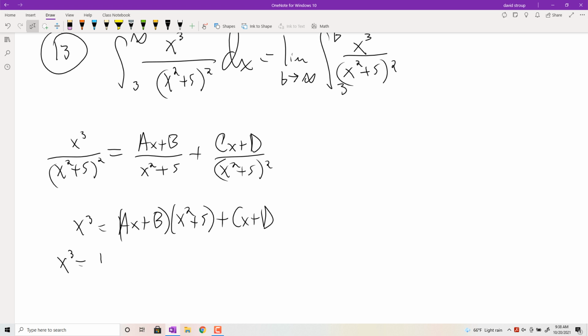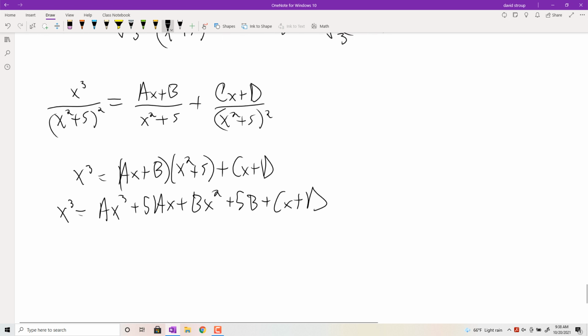Foil that first part, so apparently I got ax cubed plus 5ax plus bx squared plus 5b plus cx plus d. I need to equate coefficients in order to get this job done. So not much going on the left side here.